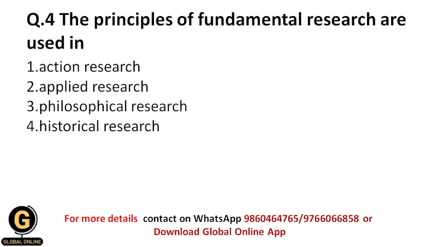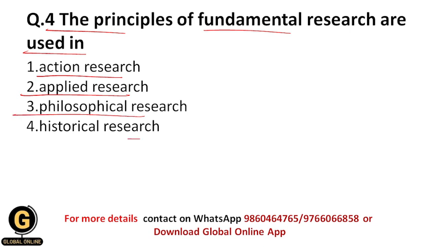The principles of fundamental research are used in which kind of research? Whether we use them in action research, applied research, philosophical research, or historical research. So basically students, fundamental research is nothing but the pure research, and in this research we develop the theories, right?